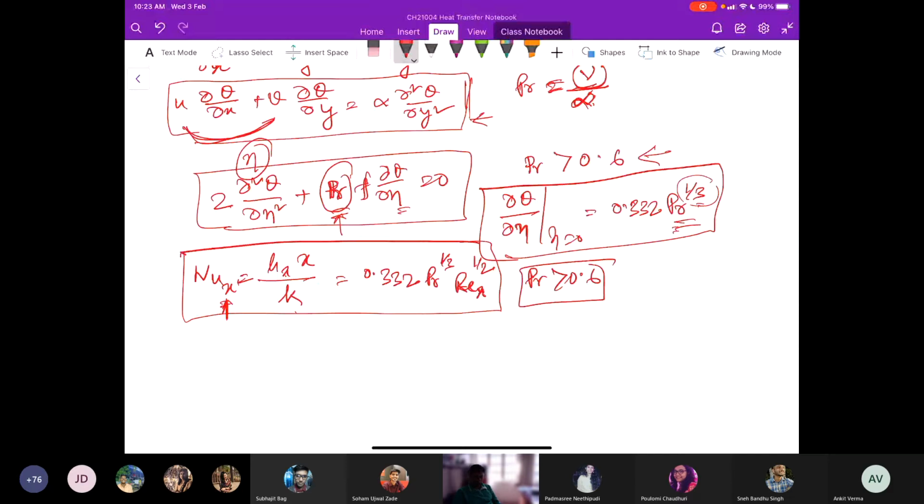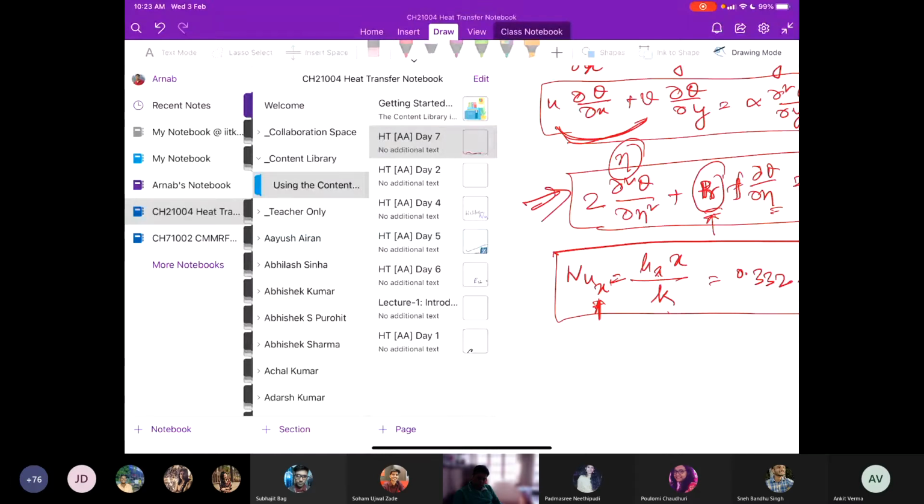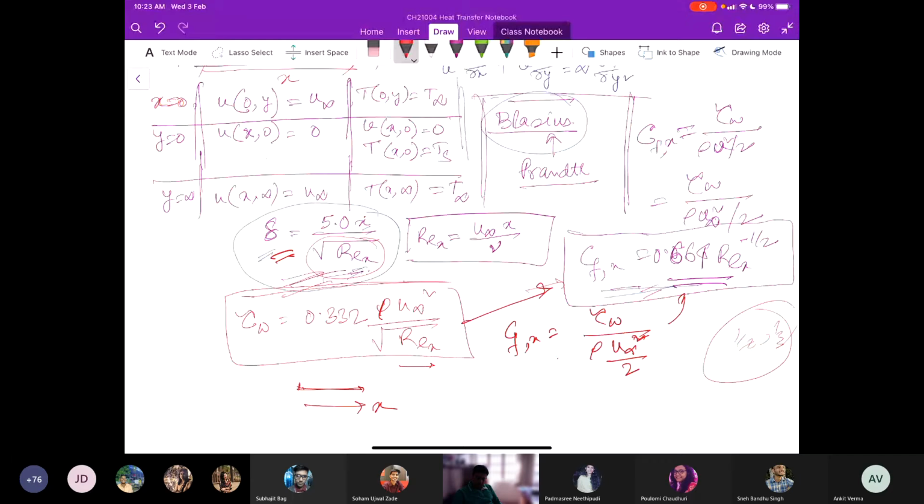So the point is that if we solve this non-dimensional energy equation for the temperature profile, which is theta, and if we use the definition of, say, the thermal boundary layer, it has been shown that similar coefficient values were obtained. 0.332, this factor.